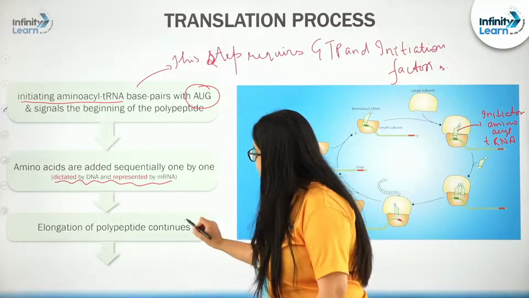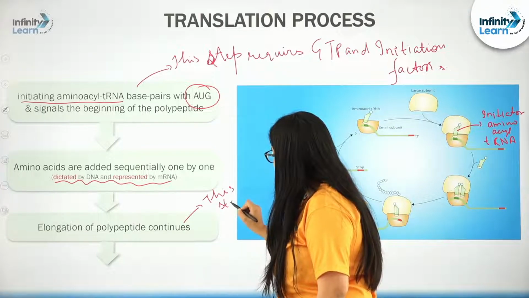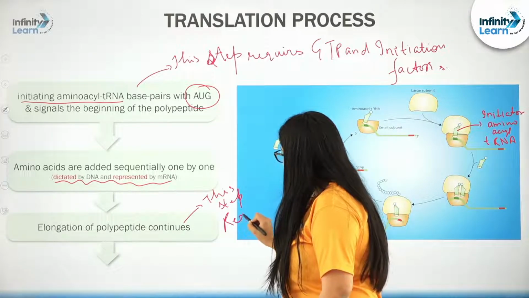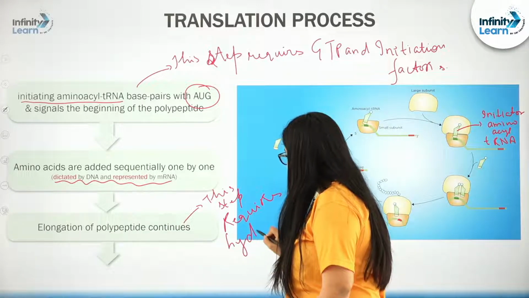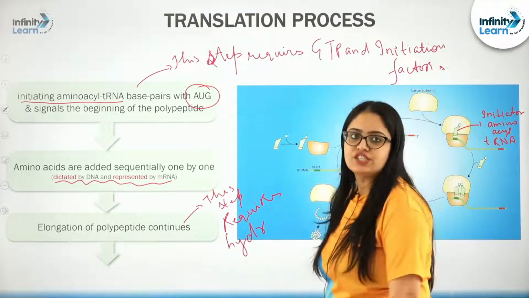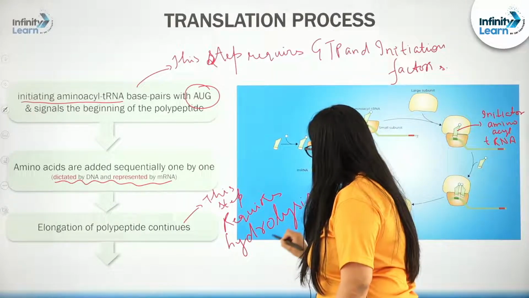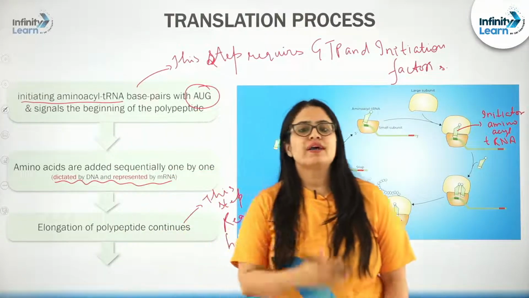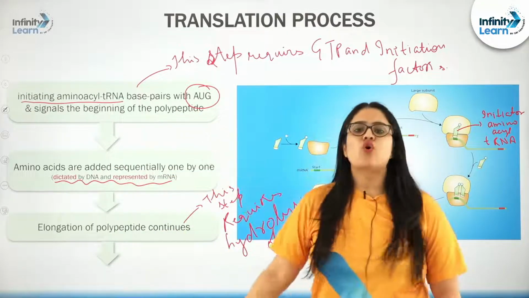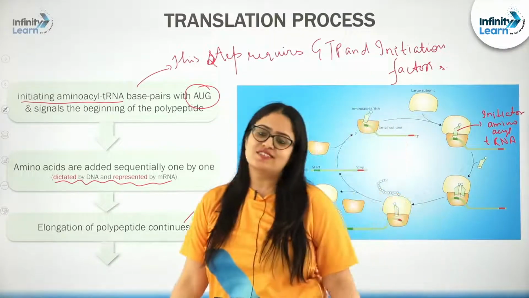And not to forget students, even this step requires hydrolysis or involvement of GTP energy, hydrolysis of GTP, right. So, initiation also requires GTP, elongation also requires GTP, not to forget, right students.